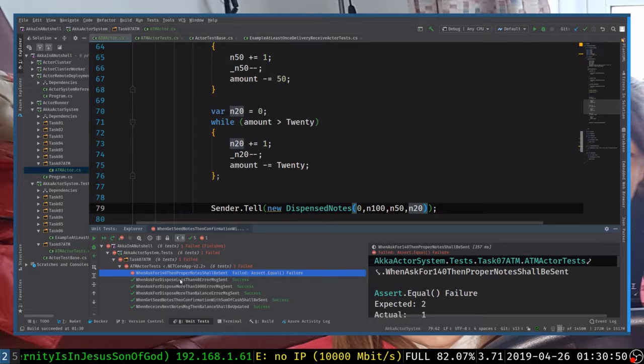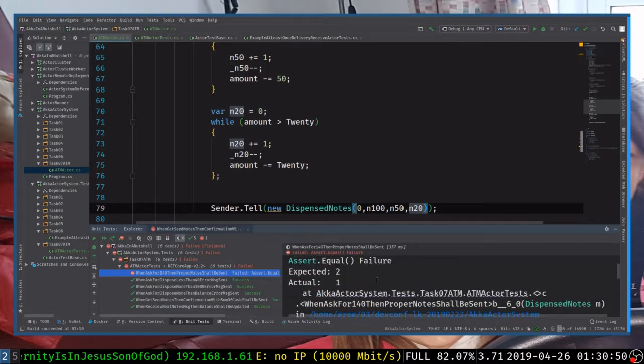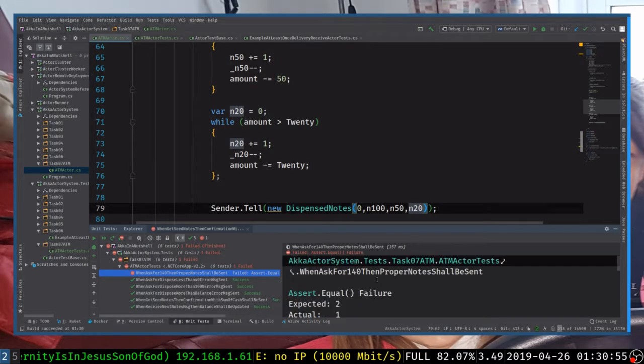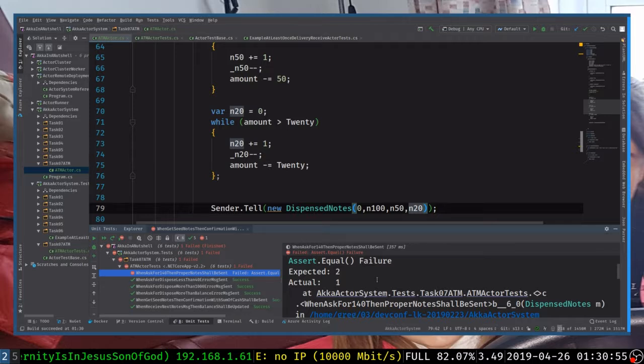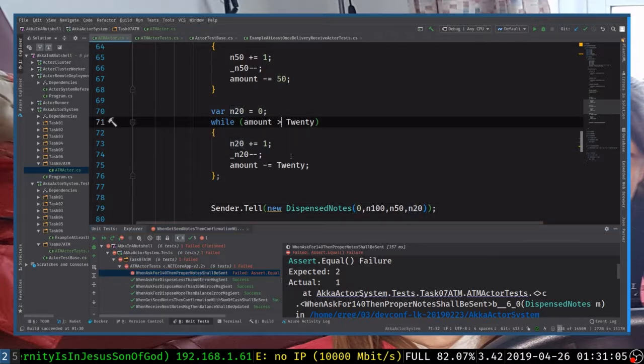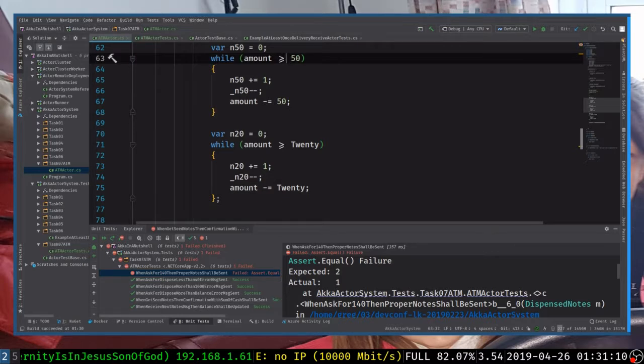Very interesting. What happened here? Let's check. So expected to actual one. So what I'm thinking here is this, because we still should be able to do it.